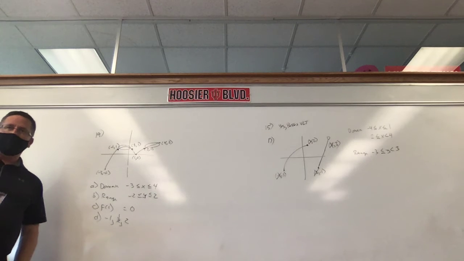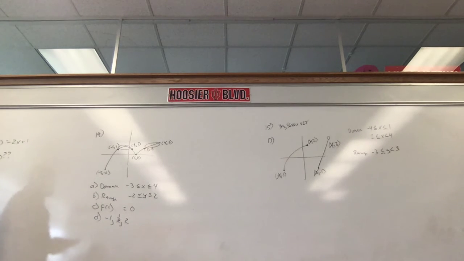Let me give it to you this way if you have a hard time seeing this, and a lot of times students do, okay? When you're reading graphs, like for example, let's go back to January, okay?